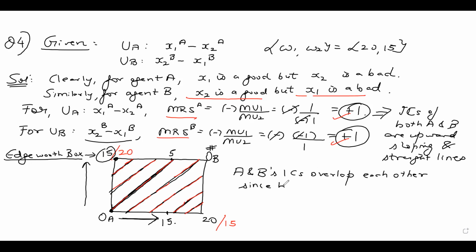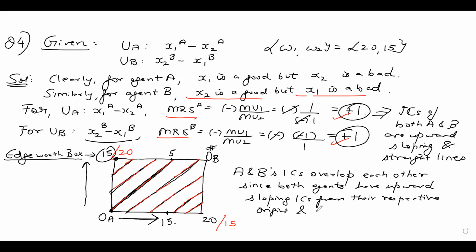Since both the agents have upward sloping ICs from their respective origins, and the slope of both the agents' ICs is equal to +1, they are going to overlap each other.